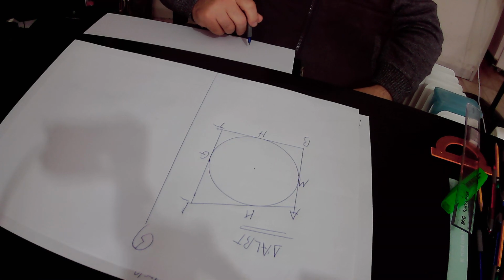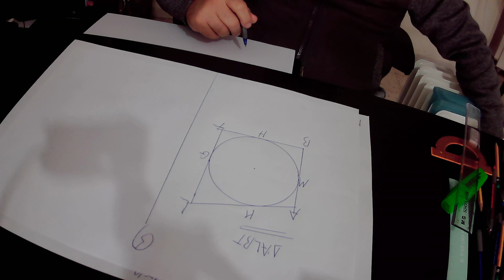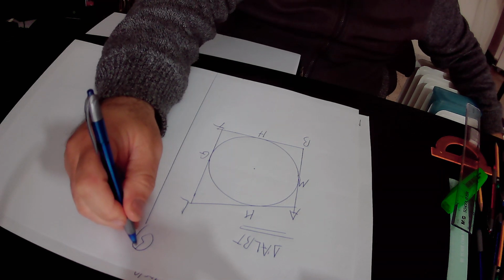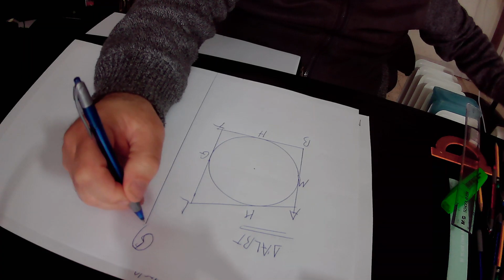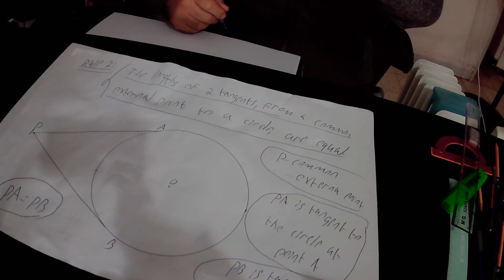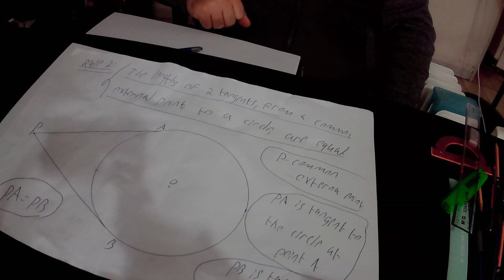I will remind you quickly what is rule 2. According to rule 2, the lengths of two tangents from a common external point to a circle are equal.